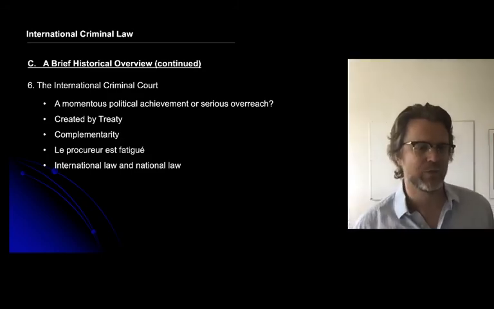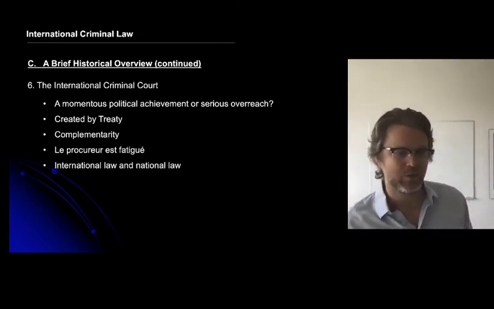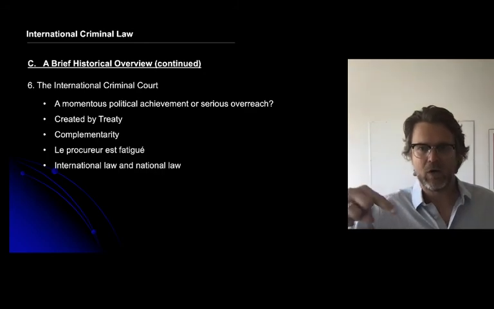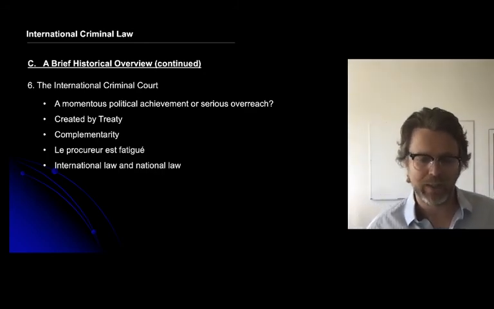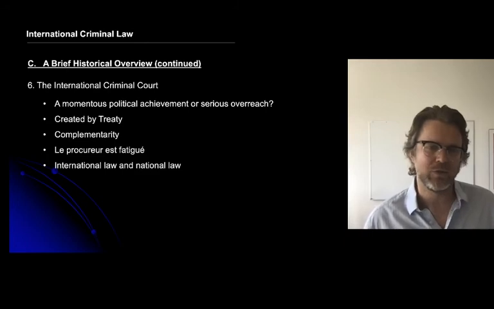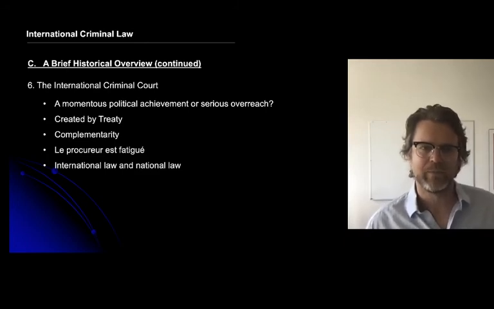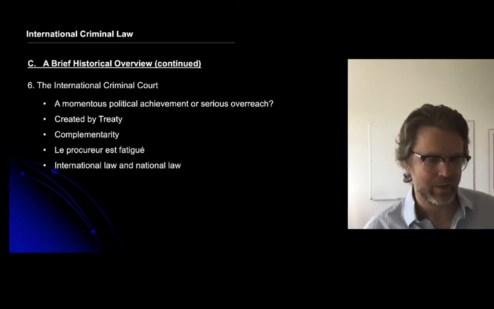By prospective jurisdiction, I mean it suddenly has the ability to prosecute atrocities that are taking place while the court is in existence, as distinct from all of the others, which are created ex post facto, and that creates new and interesting dynamics and problems.